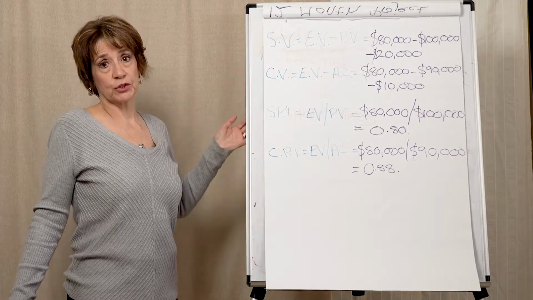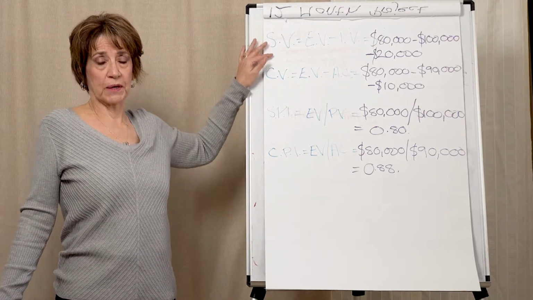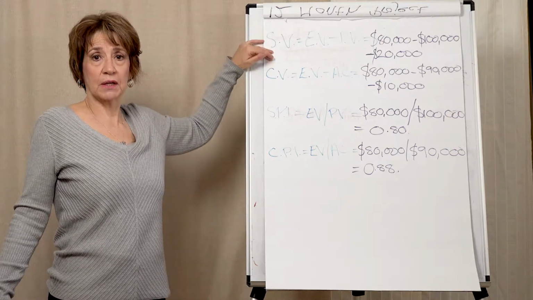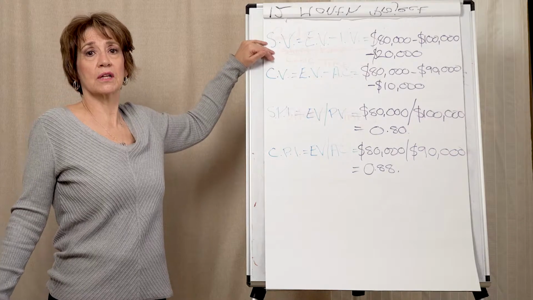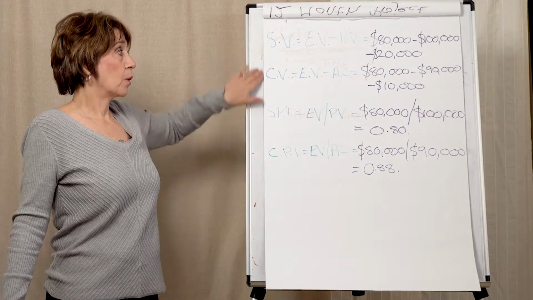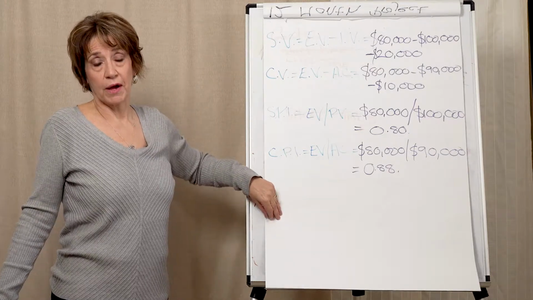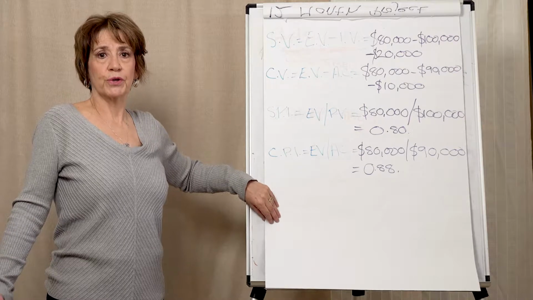And all this information really should be in your project schedule. All your costs, your budget and your percent completes, they all roll up from your task level to the project level.